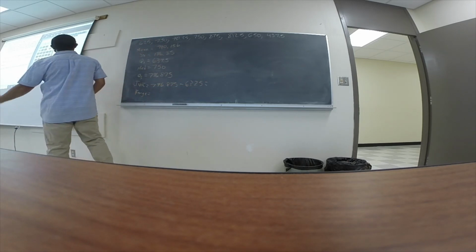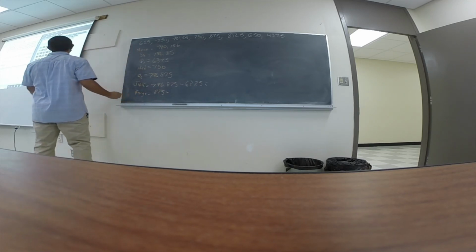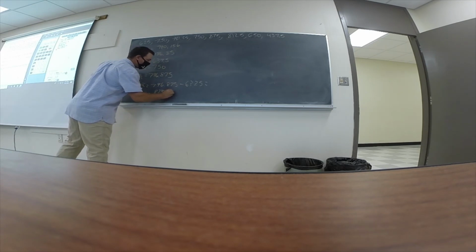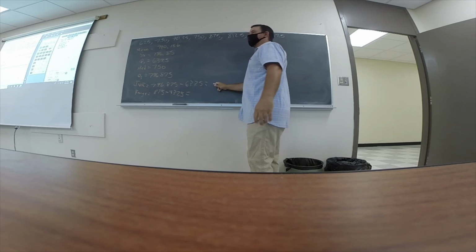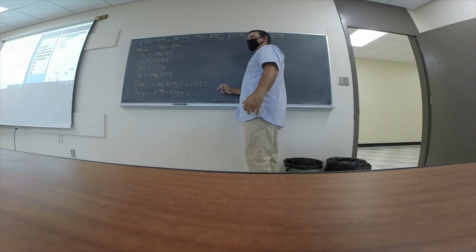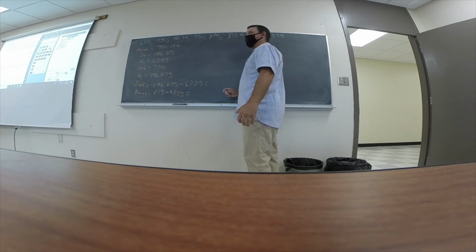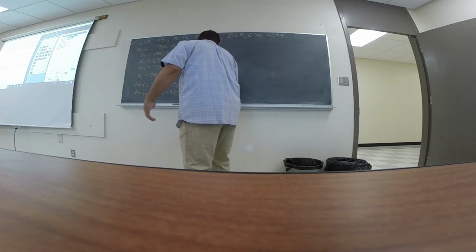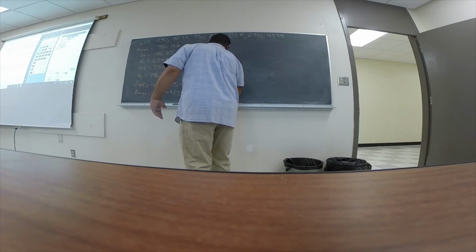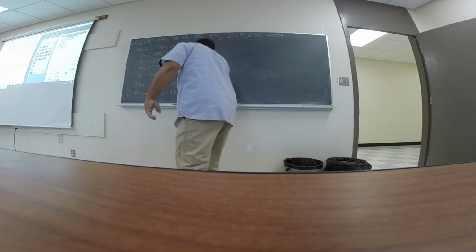Range is going to be 875 minus 437.5. What's the IQR? It's right here. 159.375. What about the range? 437.5.